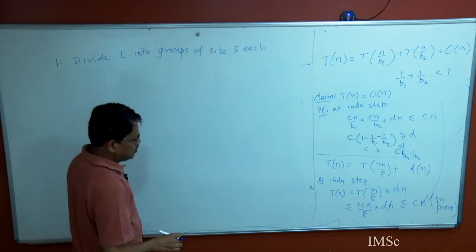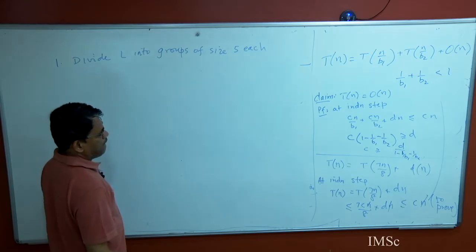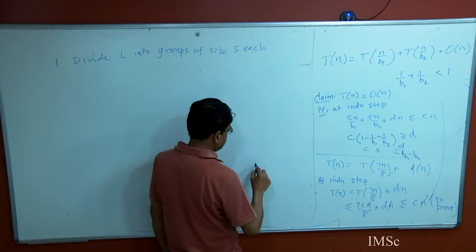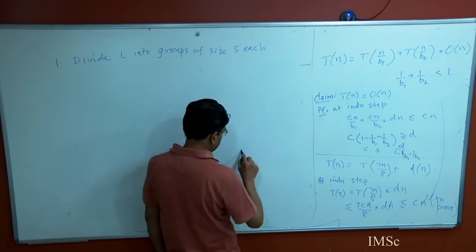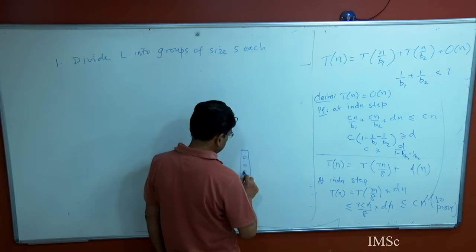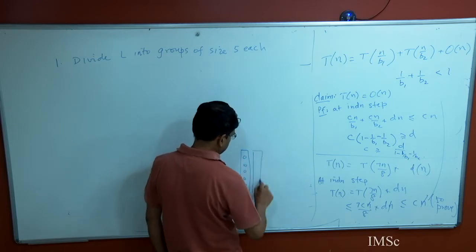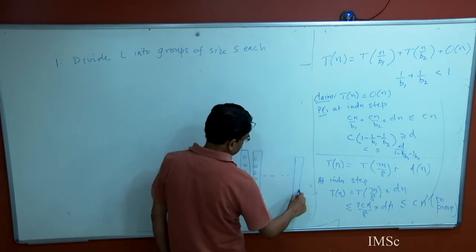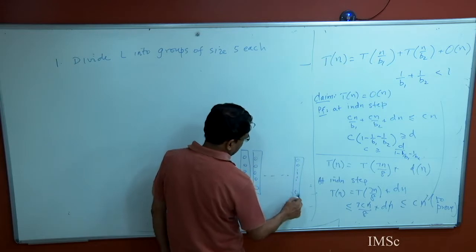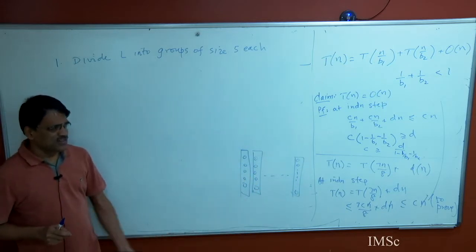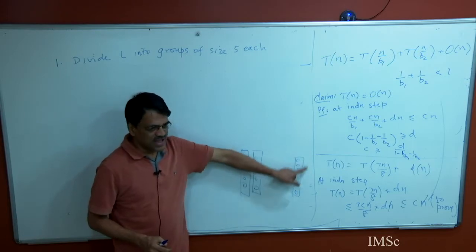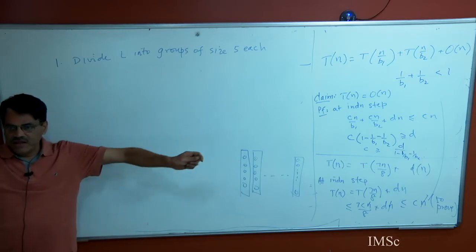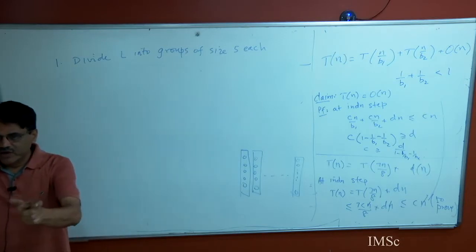Okay, so a picture would be, let's assume n is a multiple of 5, otherwise there will be some 2 or 3 or 4 elements hanging around here, we can deal with that separately. So I take my entire list of n, just the way it's appearing, and divide it into groups of size 5.